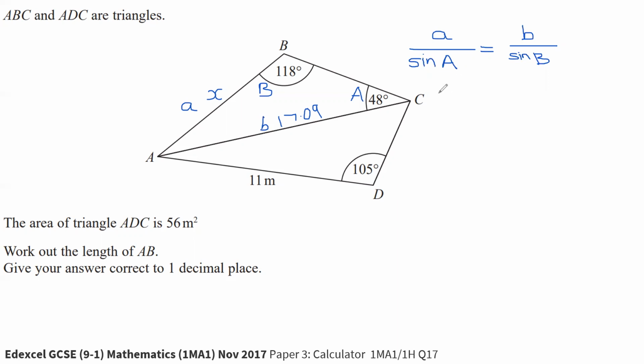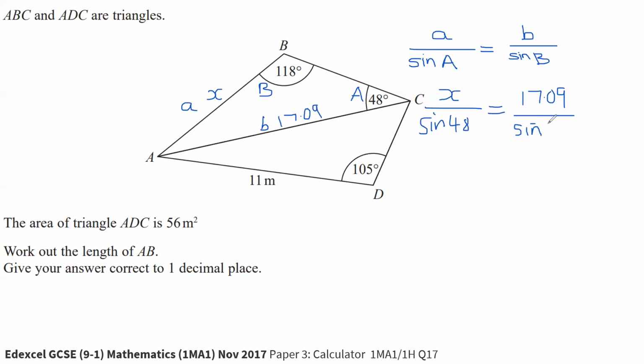So let's substitute in what we know. So we've got x is the side length. That's the one that we don't know. We're trying to find out. We're going to divide that by sine of 48. And we're then going to substitute in these. So we know that B we've said is 17.09. Although you might want to use the answer button on your calculator to put this in more directly without the rounding errors.